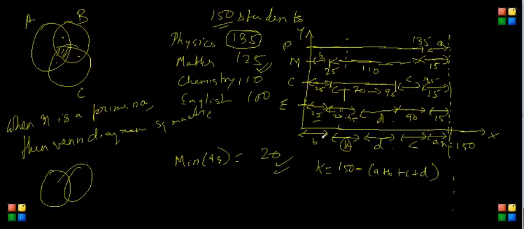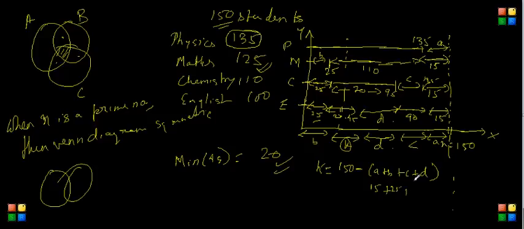That's right? So basically what I am doing is I have taken out 135 from 150 and I have considered the projection of that. So what is 150 minus 135? It's basically 15, the leftover. What's the leftover here? 150 minus 125? It's 25.